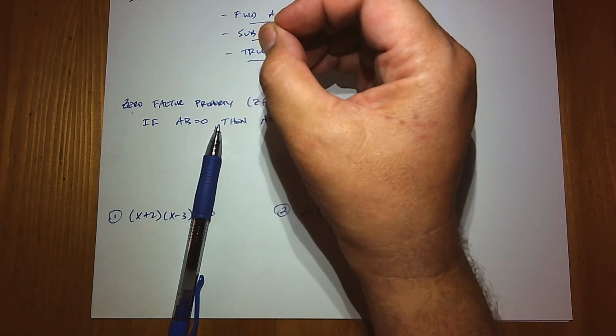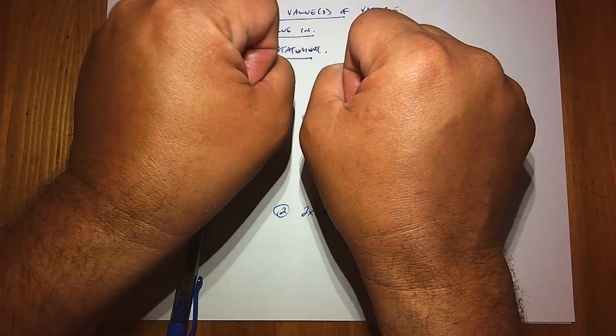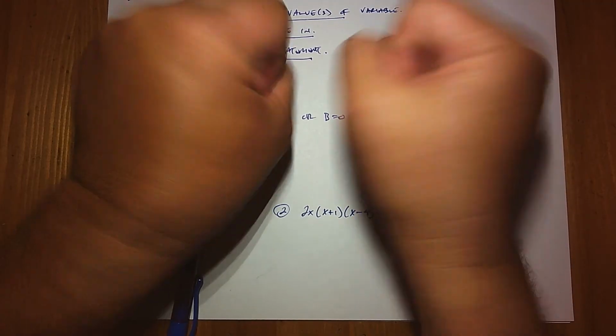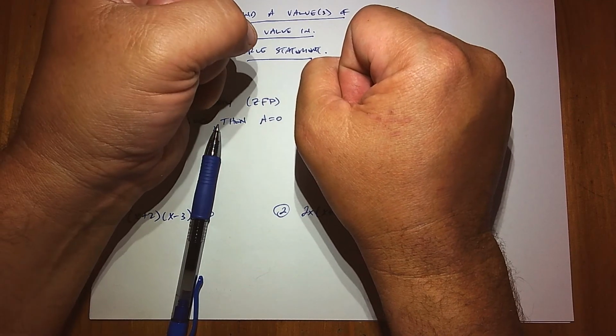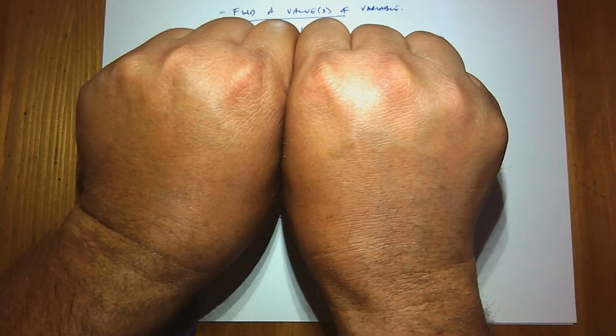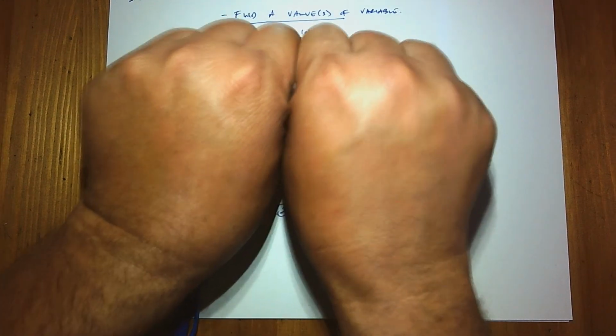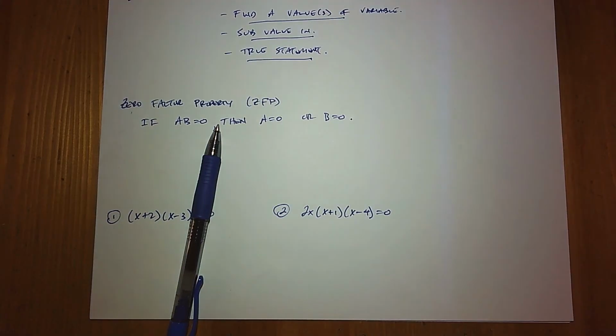And so what can you safely assume about what's in my right or my left hand? Well, something has to be 0. Maybe what's in my right hand is 0. Maybe what's in my left hand is 0. But somebody has to be 0 because it's the only way that I can multiply two numbers and get 0. Right? Anything times 0 is 0. And so that's basically what the zero factor property is saying.